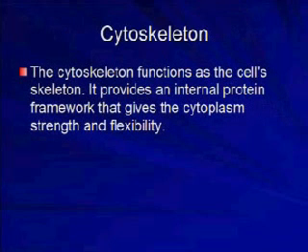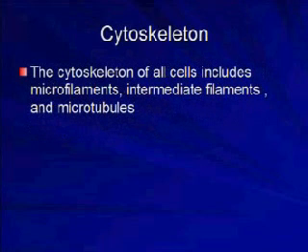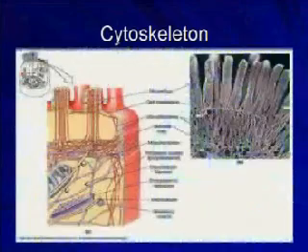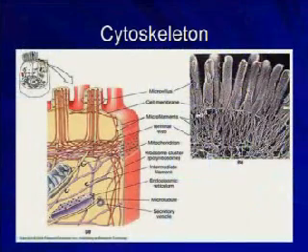The cytoskeleton functions as the cell skeleton. It provides internal protein framework and gives the cytoplasm strength and flexibility. The cytoskeleton of all cells includes microfilaments, intermediate filaments, and microtubules. Again, you should be familiar with these structures of the cytoskeleton. This is an illustration out of your textbook.